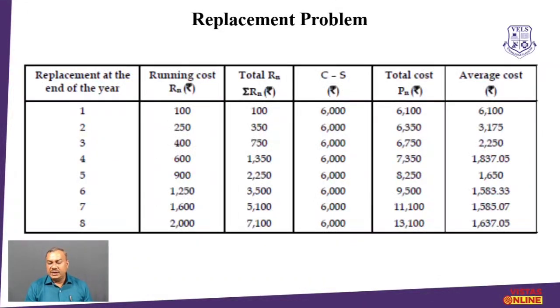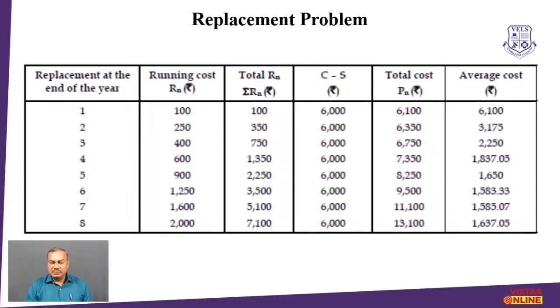From the first year onwards: 6100, 3175, 2250, 1837, 1650, 1583, then 1585. So in the last column, from the first end of the year to the 6th end of the year, the average cost decreases. After the end of the 6th year, from the 7th year onwards, the average cost increases.